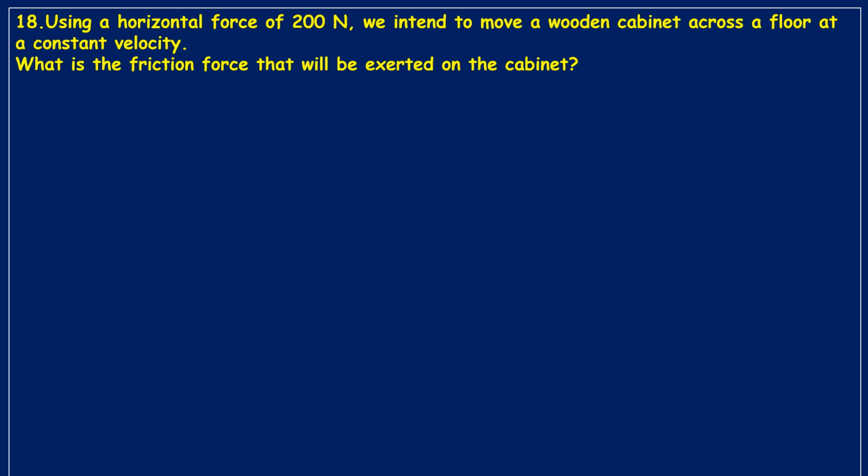In this case, the object is moving with a constant velocity, and the force used on that object is 200 newtons. What is the friction force that will be exerted on the wooden cabinet?